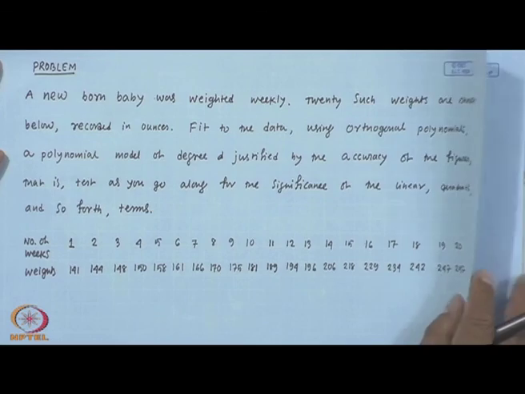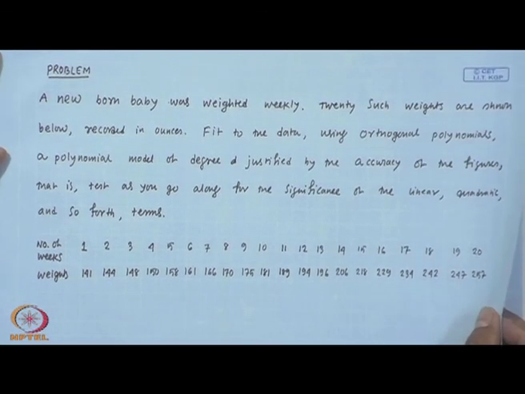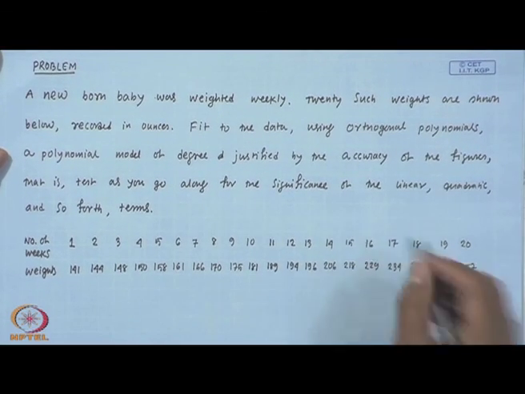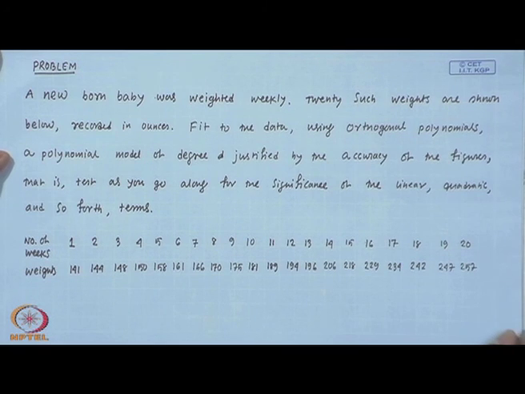But if beta 2 is significant, then you go for a third order polynomial. Again you test the significance of beta 3. If beta 3 is significant, then you go for a fourth degree polynomial. If it is not significant, you stop at the second degree polynomial. Okay. So, this problem gives an idea about how to decide the order of the polynomial.